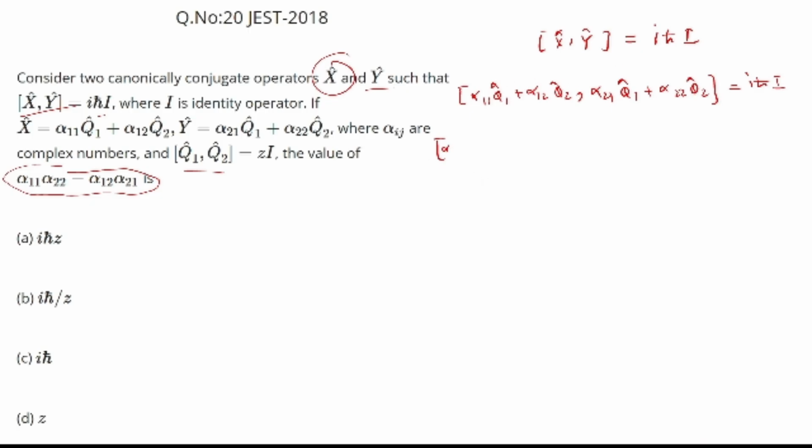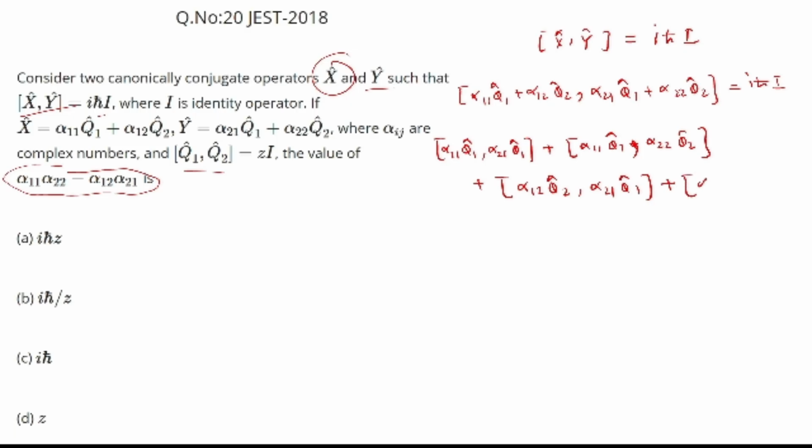So here we can break the commutator bracket: first term, alpha 11 q1 with alpha 21 q1; second term, alpha 11 q1 with alpha 22 q2; then the third term, alpha 12 q2 with alpha 21 q1; fourth term, alpha 12 q2 with alpha 22 q2. That will be equal to iota h cross I.